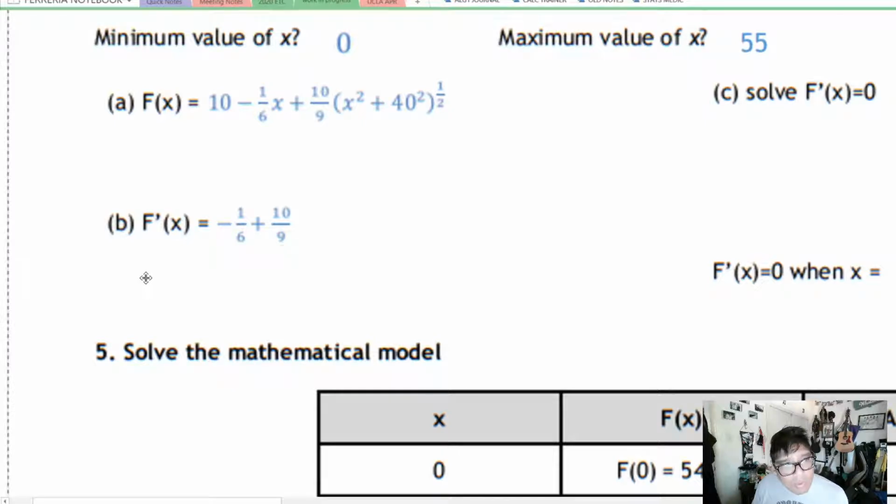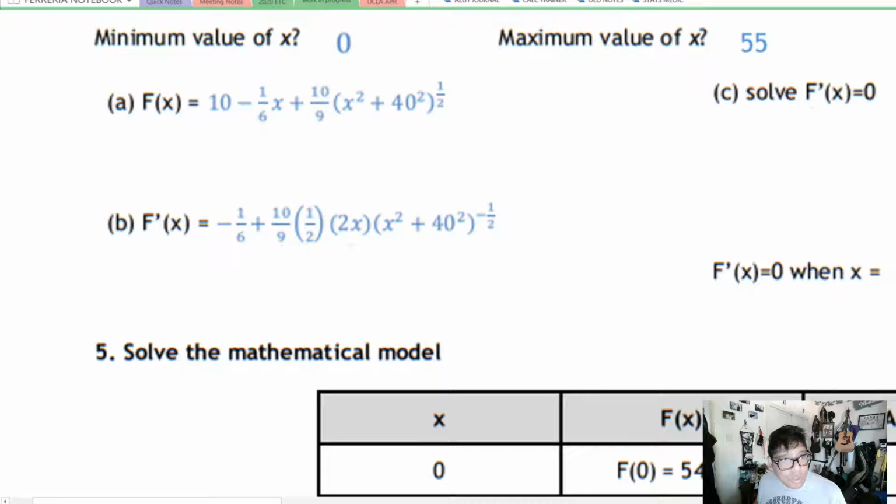And then the derivative of anything to the 1/2 power is that thing, the base of the power, to the decreased power. So here we have the base to the negative 1/2 power, because 1/2 minus 1 is negative 1/2. And then we're going to multiply by the old power 1/2, and then multiply again by the derivative of the base. So the derivative of x squared plus 40 squared is just 2x.